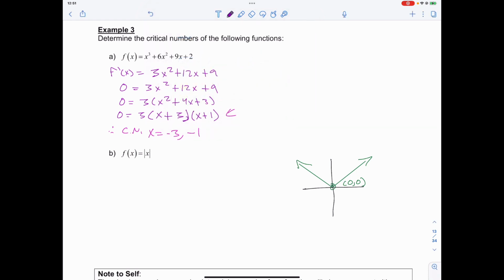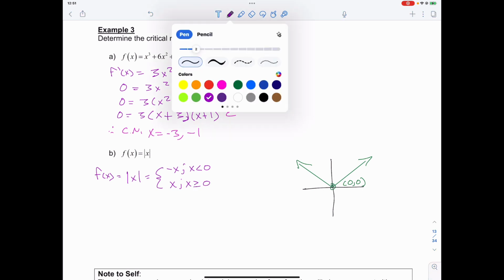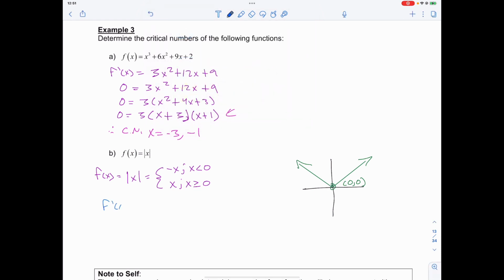So if f of x is equal to the absolute value of x, then that's going to equal -x when x is less than 0 and positive x when x is greater than or equal to 0, which means that based on that, f prime of x is going to equal the derivative of -x, which is -1, when x is less than 0, and the derivative of x is just 1 when x is greater than 0.